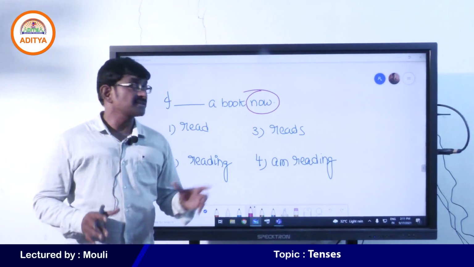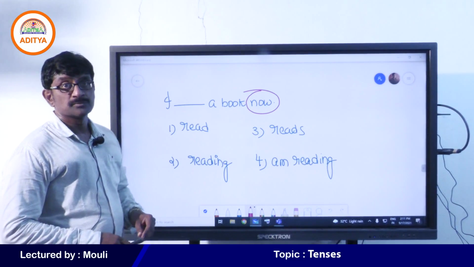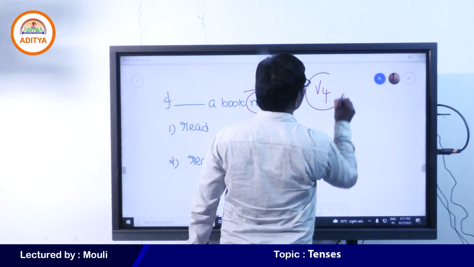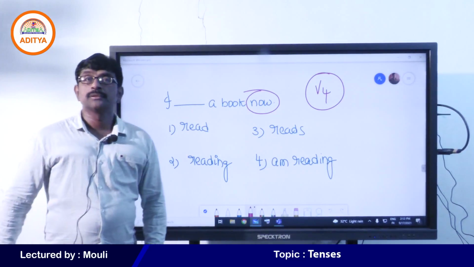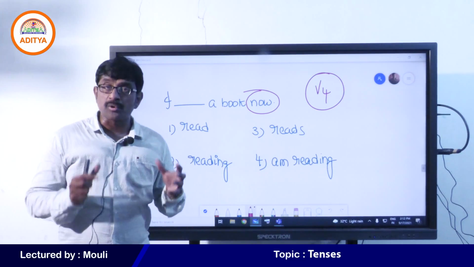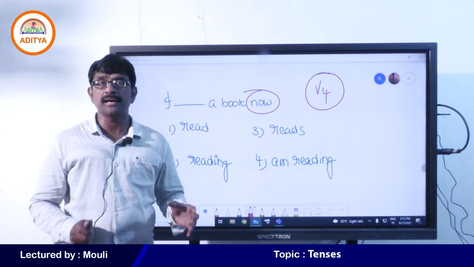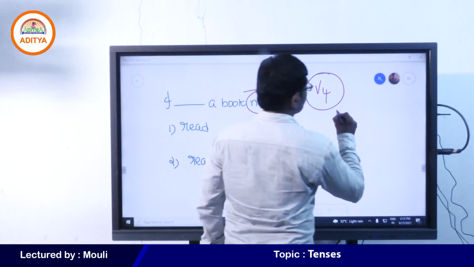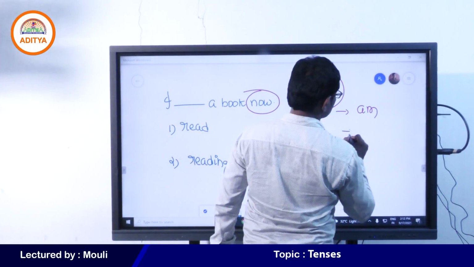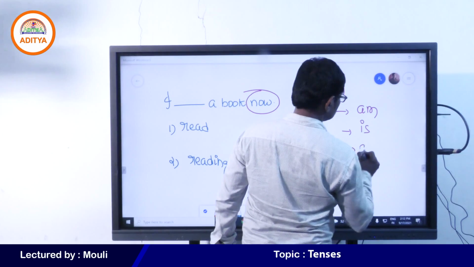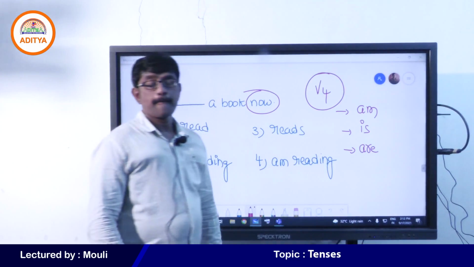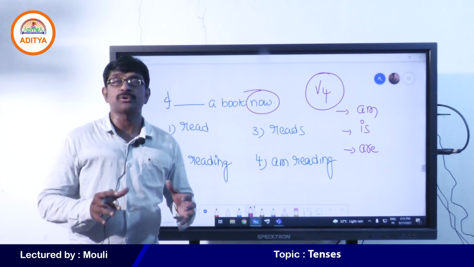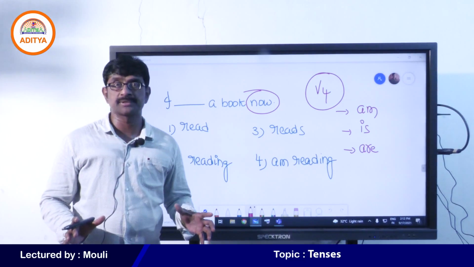So we know that in progressive tense we must have V4, along with three helping verbs. We must go with the right choice among the three helping verbs.